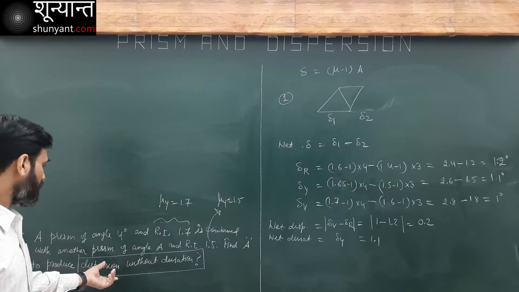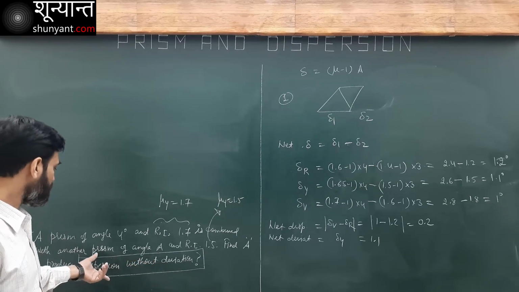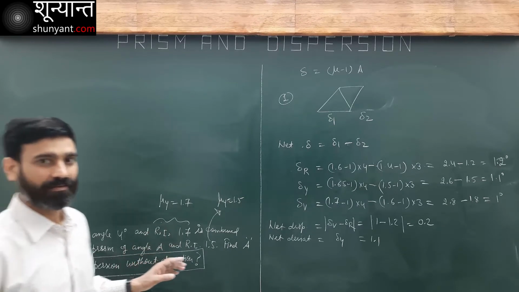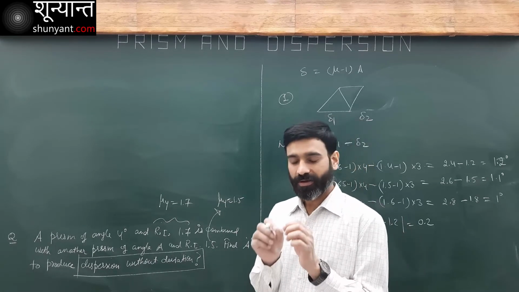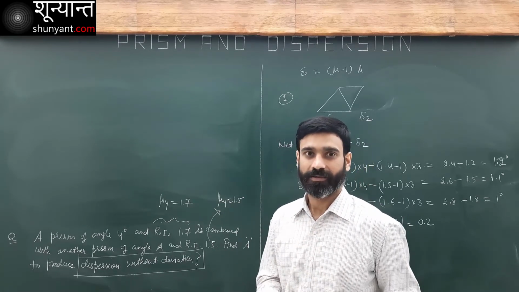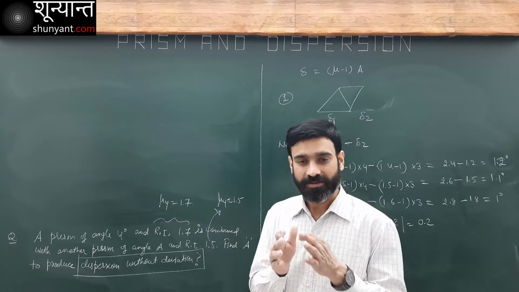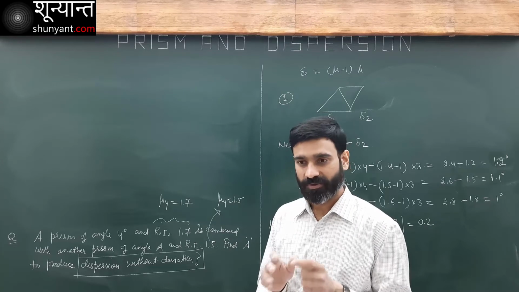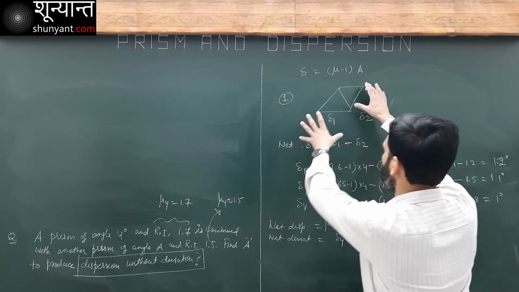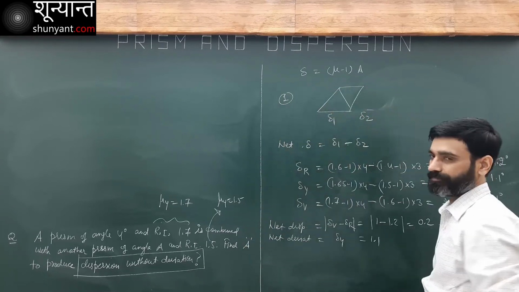That means I want dispersion, but I don't want deviation. That means I do not want deviation in yellow color. It is not possible that all the colors will have no deviation. Think about it. Dispersion is going to happen. I have some combination. This is my combination.